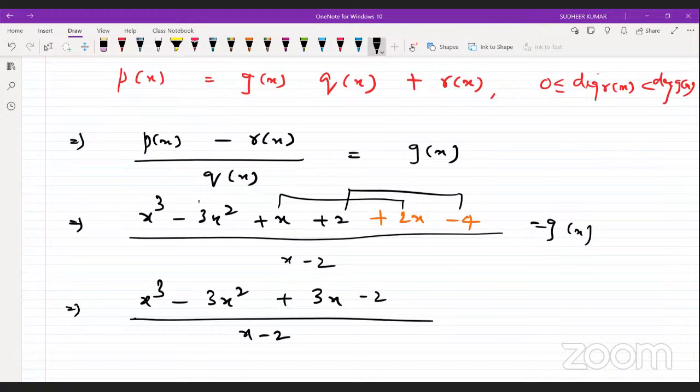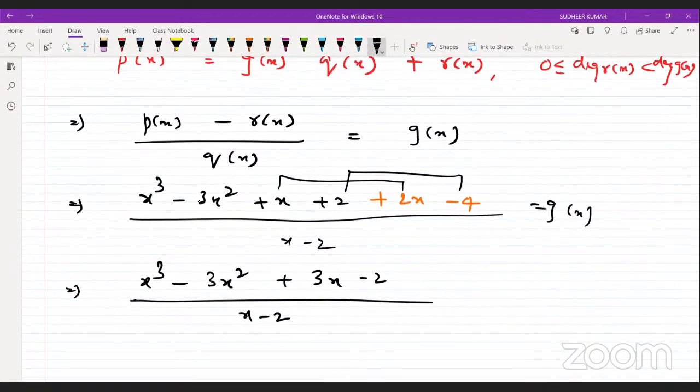So if possible, we can factorize it, or else use the long division method. It is easy to get the result. Which one shall we use? So let's divide it.